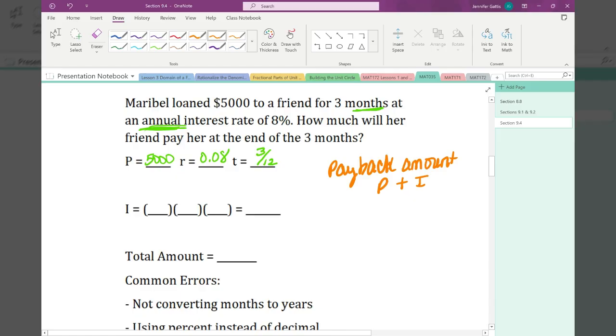So the first thing that we need to do is figure out how much interest, because we know what the principal is. The principal's 5,000. So in order to figure out the interest, it is principal times the interest rate times time.